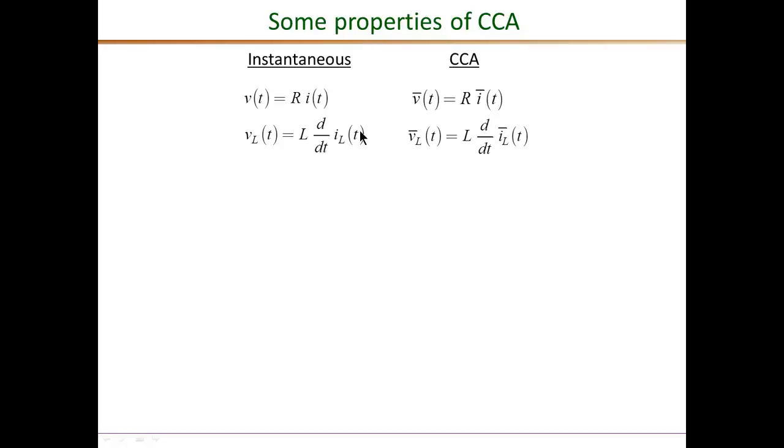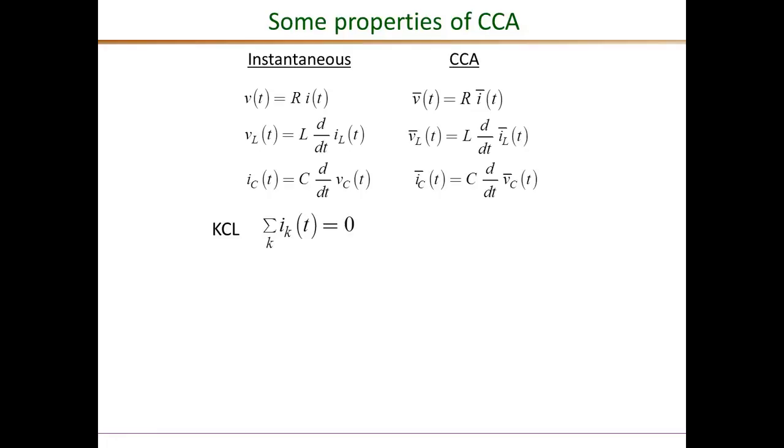For an inductor, the current voltage relationship is instantaneously v_L(t) is L di/dt, and the same relationship is true in an average sense as well. So the average voltage is L times the derivative of the average inductor current. It's dual for the capacitor, i_C equals C dv/dt. That is true both in an instantaneous sense as well as in a CCA average sense.